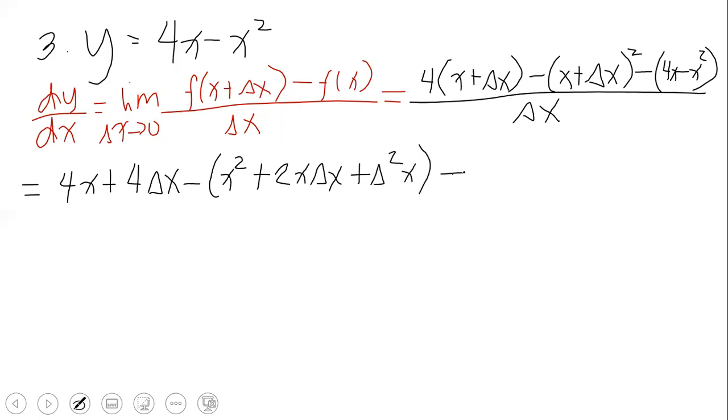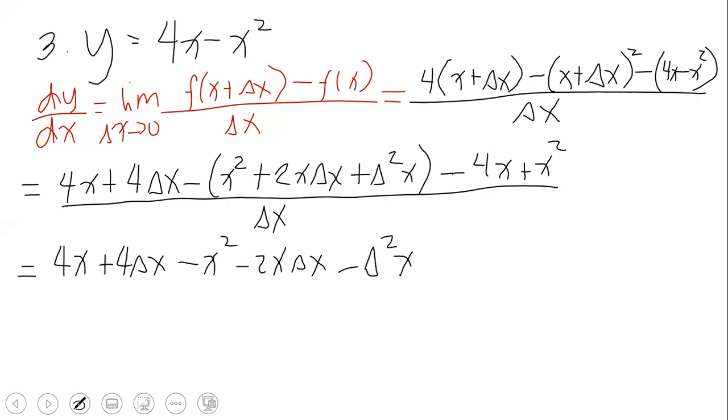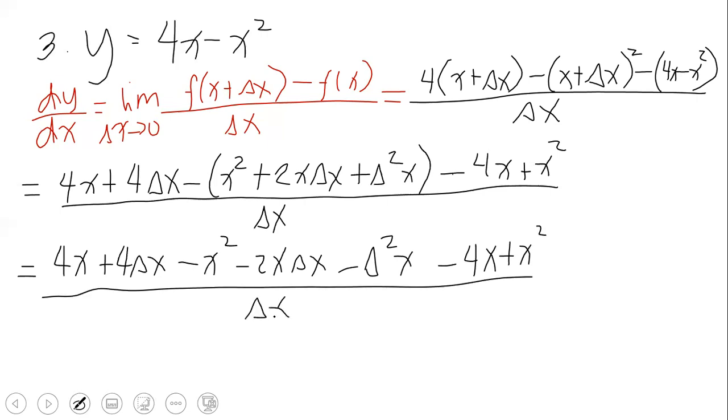Tapos, original function, which is 4x minus x squared all over delta x. So, simplify natin yung expression. We have 4x plus 4 delta x minus x squared minus 2x delta x minus delta squared x minus 4x plus x squared all over delta x.